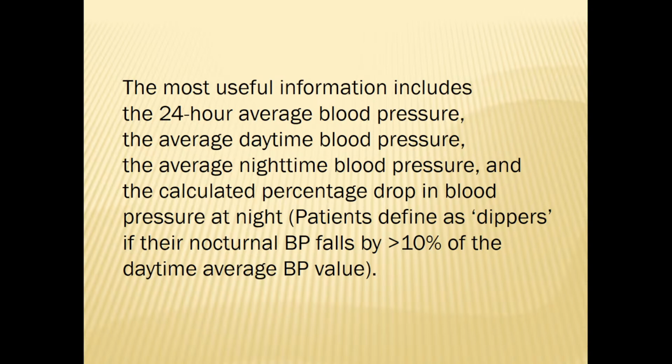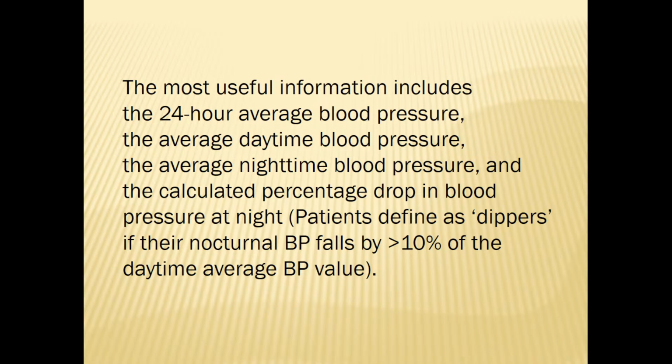So, in case of 24-hour BP monitoring, as a rule, BP is measured periodically. At daytime, it is measured every 30 minutes and at night, every 30 minutes. Then, all BP values, which may vary during different measurements, are summed and divided by the number of measurements and the average 24-hour blood pressure is calculated.